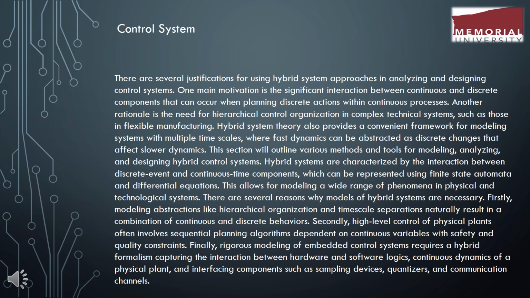Secondly, high-level control of physical plants often involves sequential planning algorithms that are executed by either humans or computers. These algorithms depend on continuous variables and have safety and quality constraints.